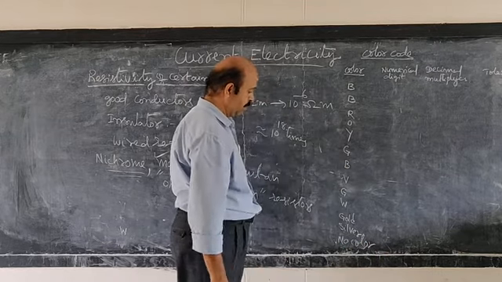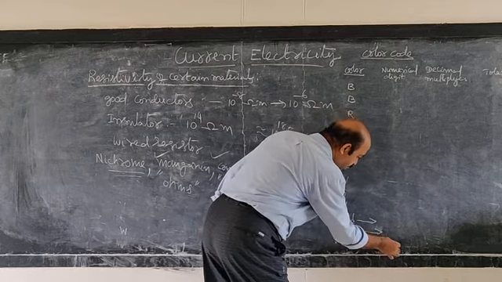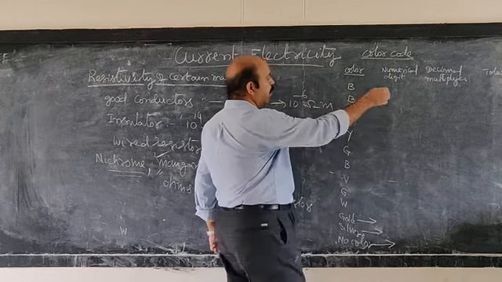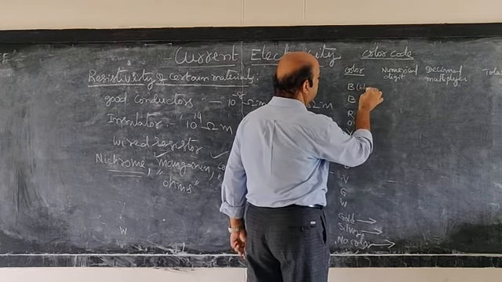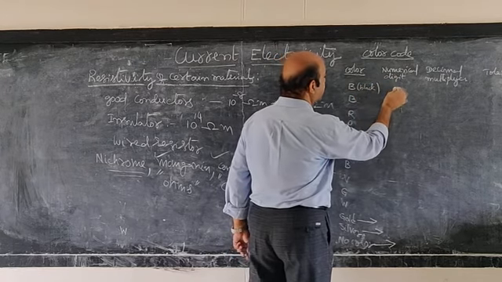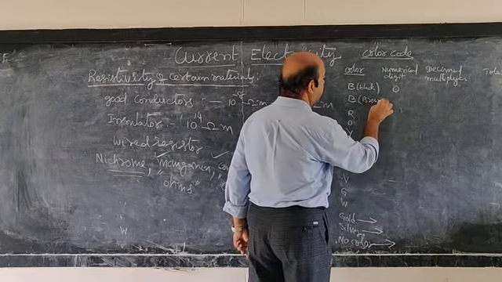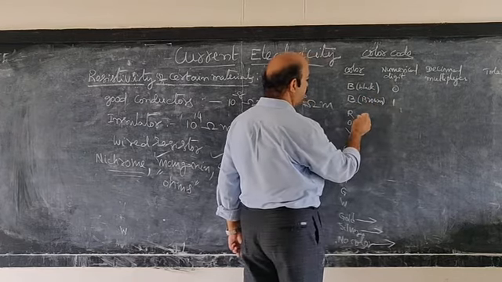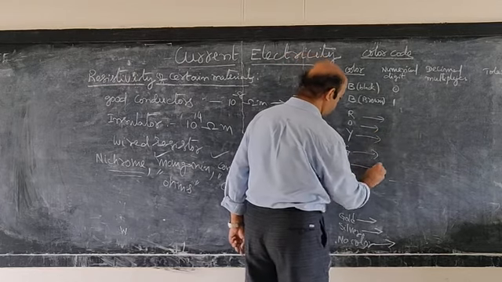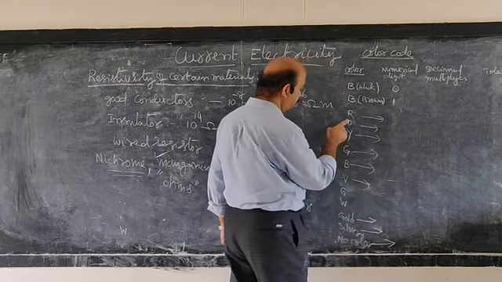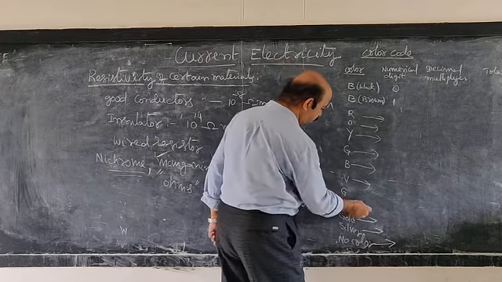This is gold, this is silver, this is no color. The corresponding digits are: this is black, the first one, take it as 0. This is brown, take it as 1. And this is red, and then red, orange, yellow, green, blue, violet, grey, white.